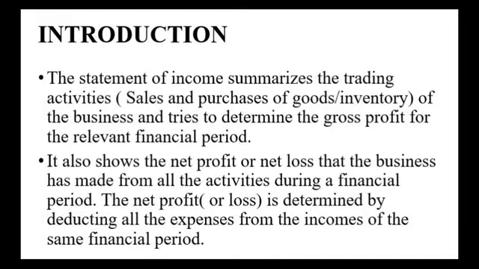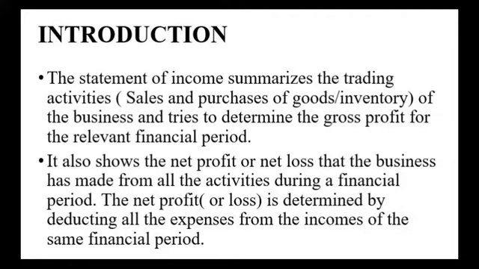Statement of income summarizes the trading activities, that is the sales and purchases of goods. Inventory is most commonly used because it refers to those goods that are purposely meant for sales of any business, and tries to determine the gross profit for the relevant financial year.